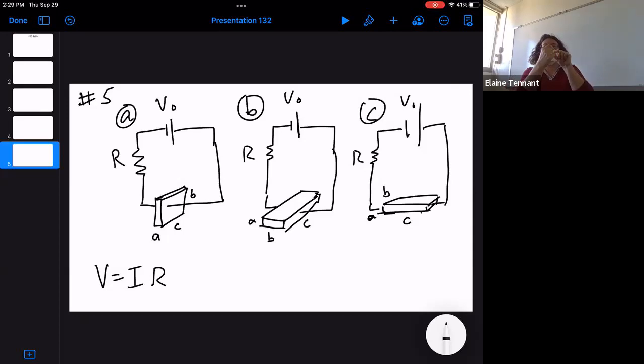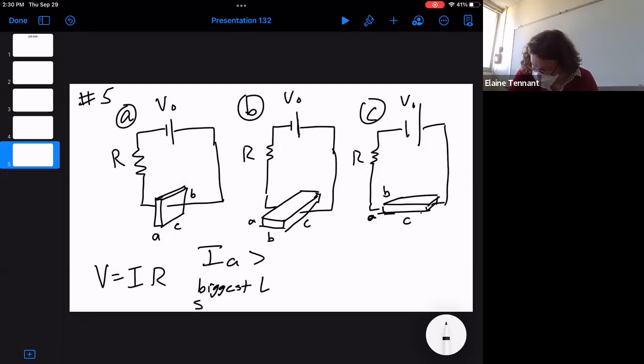So it's going from the thin sides, and it's got the biggest cross-sectional area to travel through. So this is going to have the highest current over there. Smallest L, and also the biggest A.